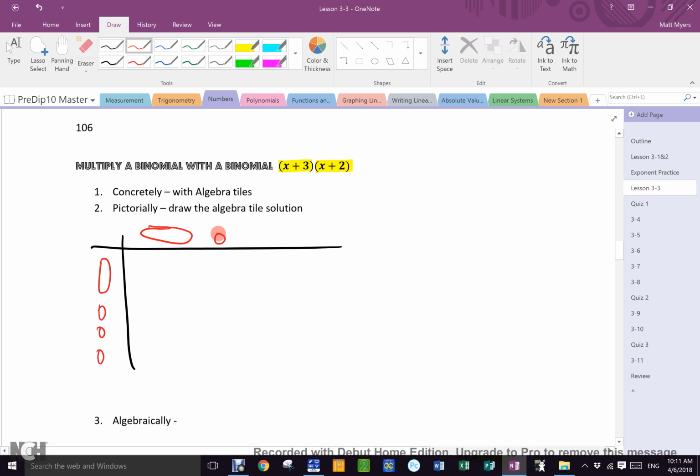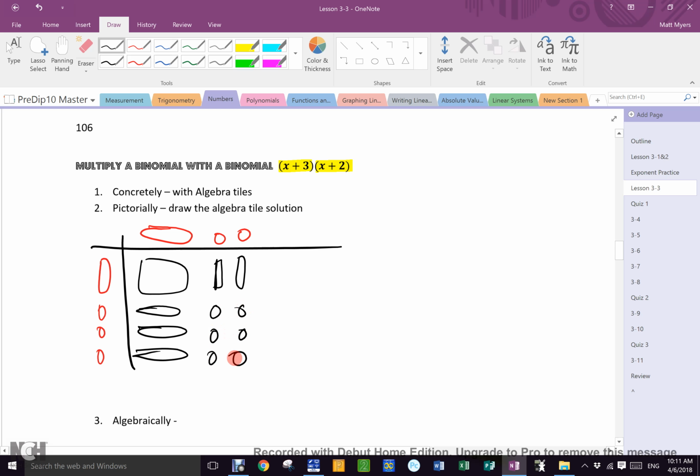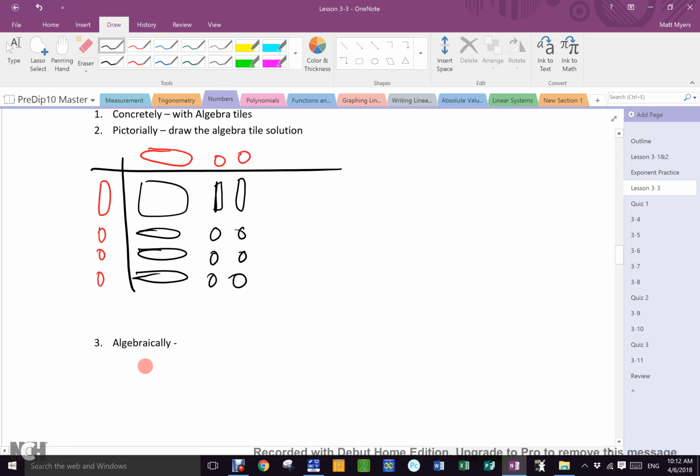Red. 1, 1, 2. Then I draw the big guys. Big X. Bar. Bar. Bar. Bar. Bar. 1, 2, 3, 4, 5, 6. Yes? Easy peasy.